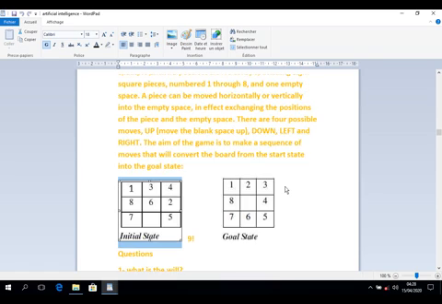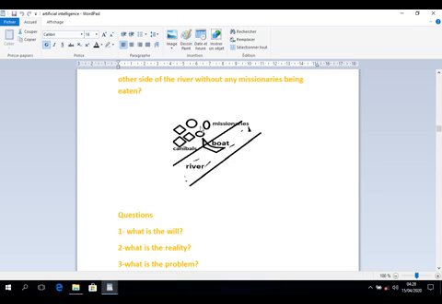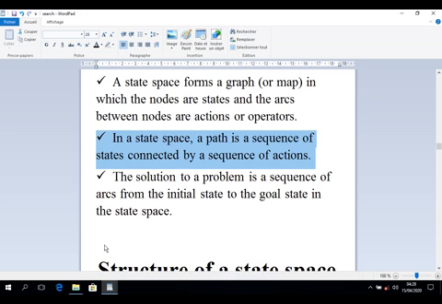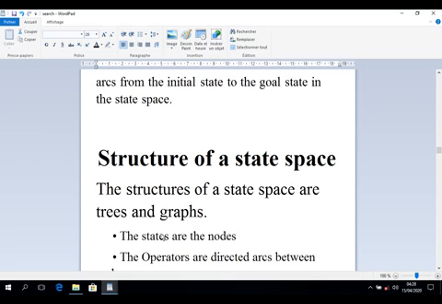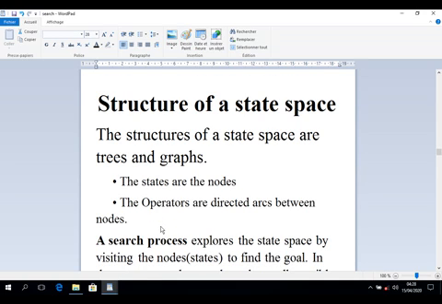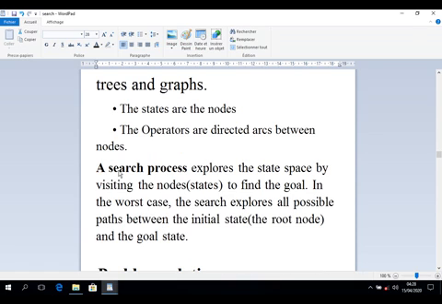Fine. The solution to a problem is a sequence of arcs from the initial state to the goal state. So we obtain a solution by what? It is just a sequence of arcs. The arcs are the actions or the operators that transform a state into other states.